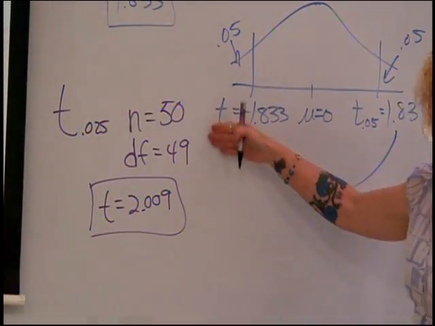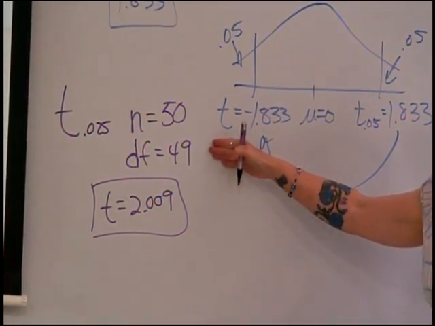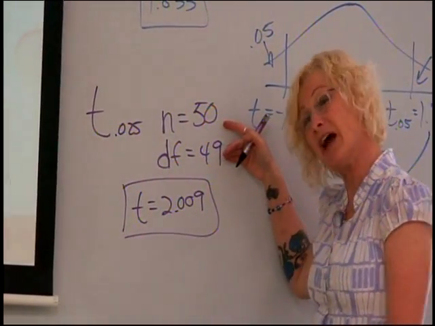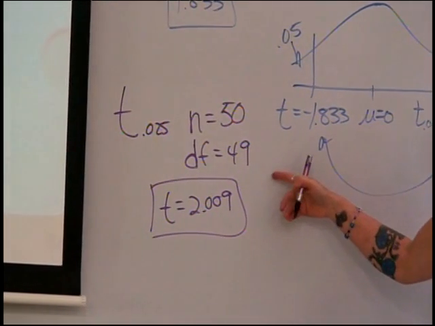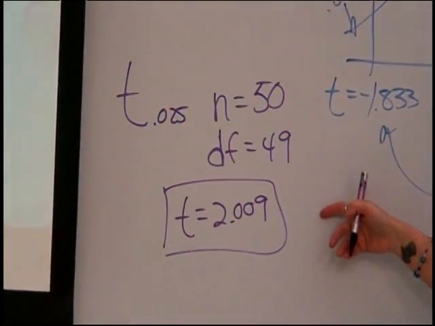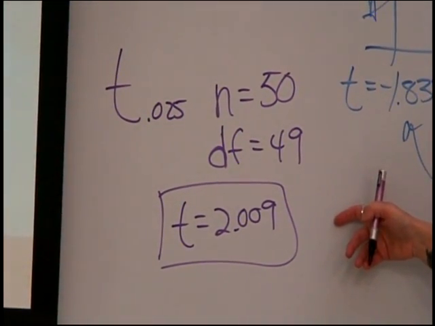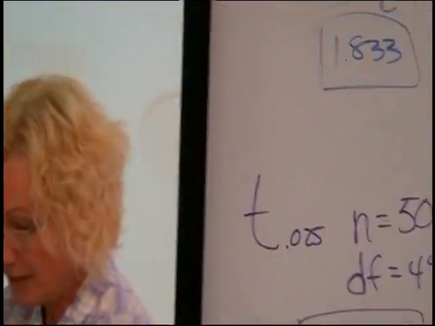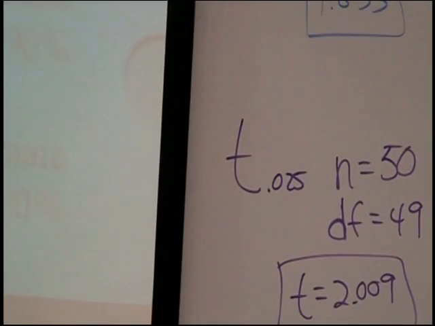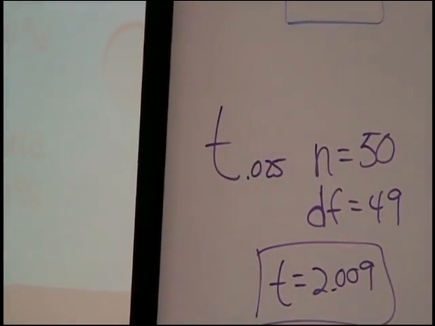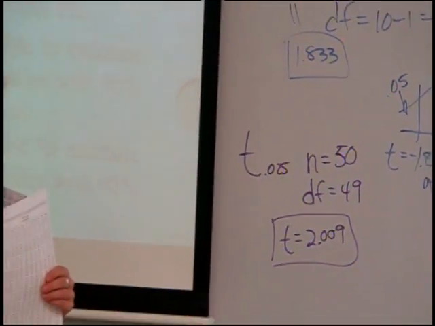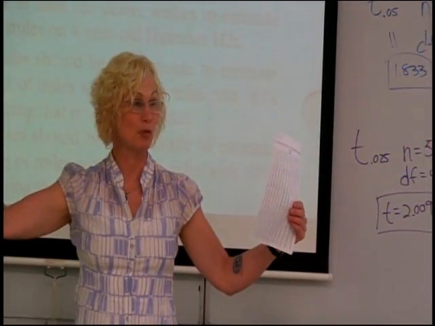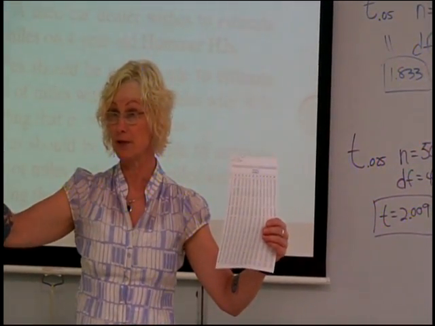For the lines that you don't have in the table, don't worry about it. If you want, say, 55, you could average the two T's of 50 and 60, and that would be okay. They're not that far apart. That's why they skip a lot of the degrees of freedom toward the bottom of the table: as the sample size gets big, the sample is that much more representative of the population.